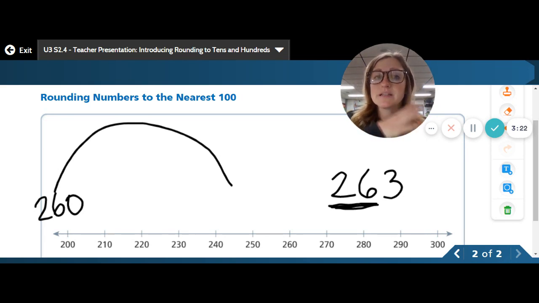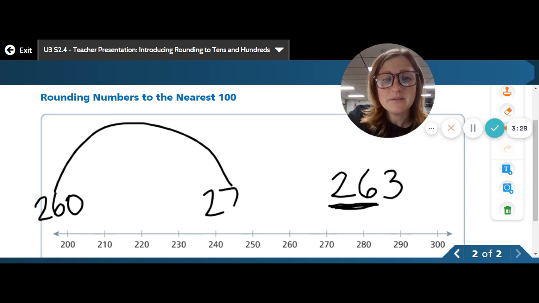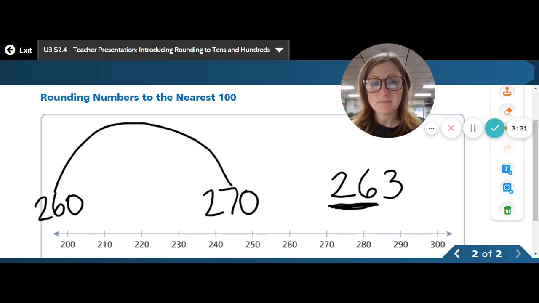If I was counting by tens, because I'm rounding to the nearest 10, the other side of my mountain is 270. You can see that this mountain is a tens mountain because from 260 to 270 is 10.